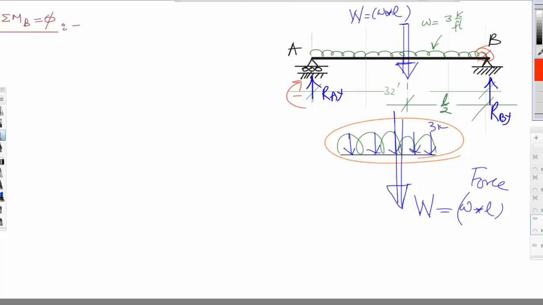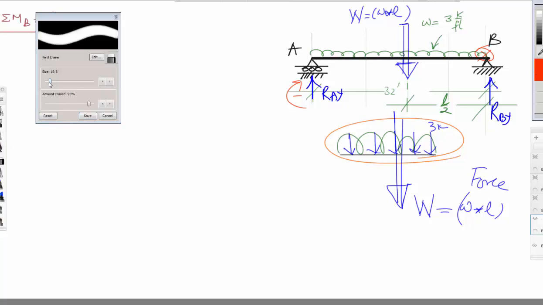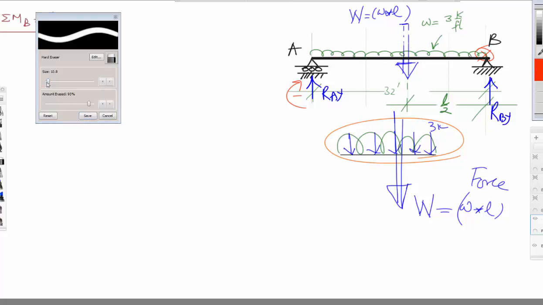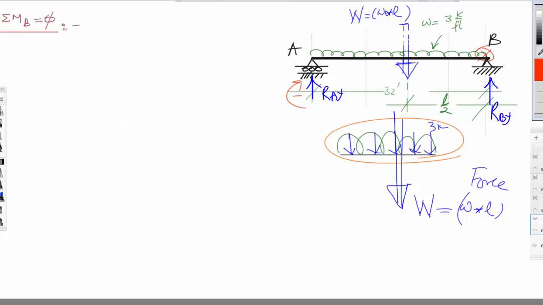So let's go ahead and calculate this. Of course this will rotate in this direction, so this is positive.